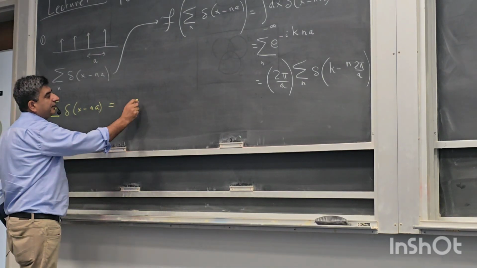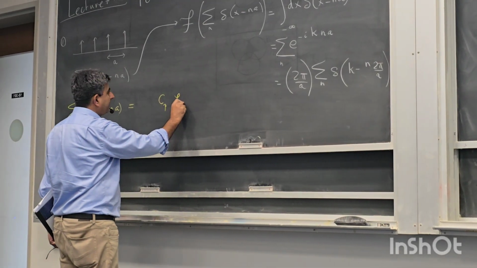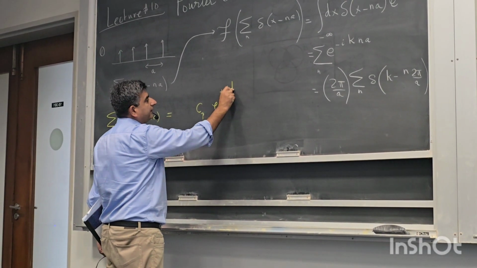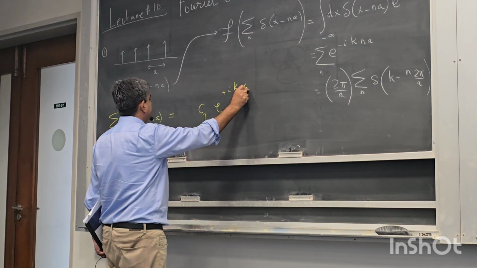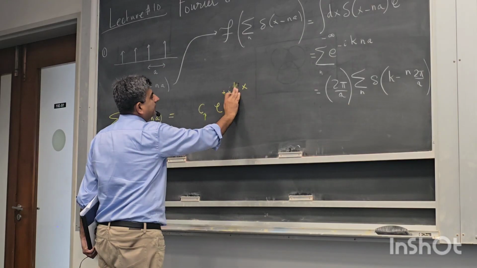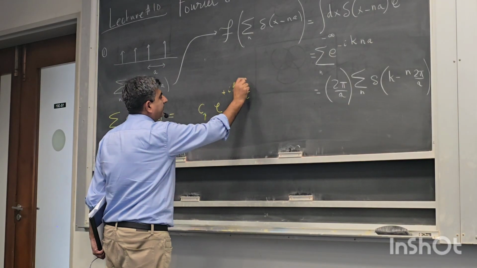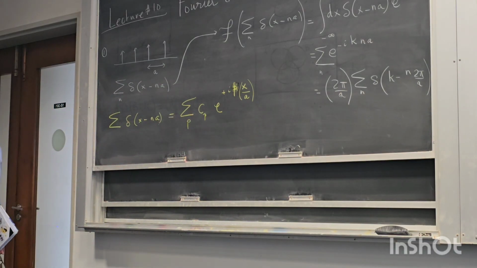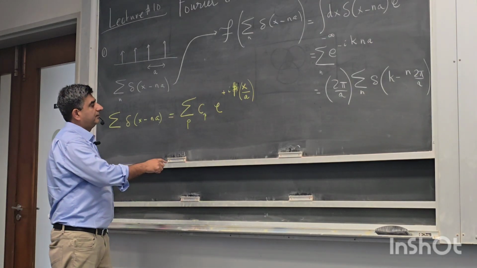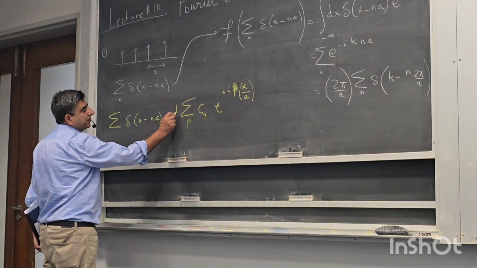Let that Fourier sum be equal to some C p, some Fourier coefficient, e to the plus i k x, some p x over the period a, sum over p. Okay, so this is the Fourier series. Now we need to determine the C p's, and I think there's a 2 pi here as well.